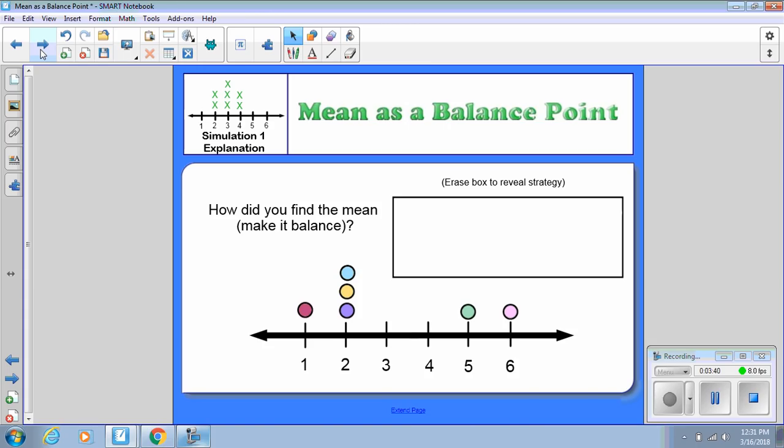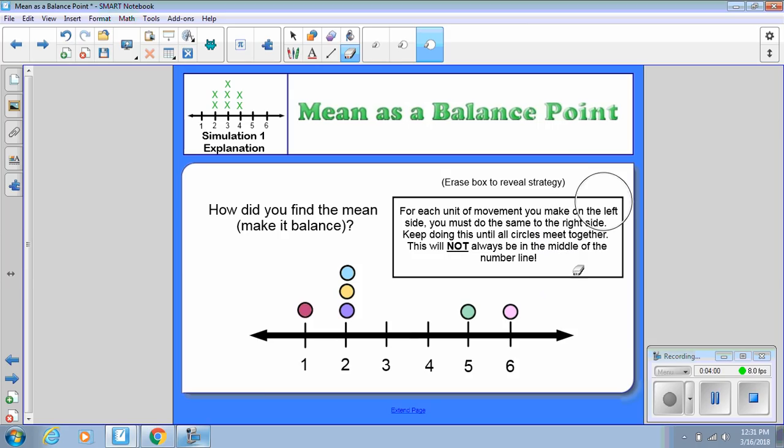So just a little fun thing, I guess. How did you find the mean, or how did you make it balance? Well, first, this is like the one that we just did. So this is what you do to each side.